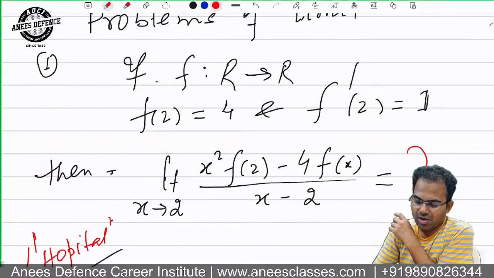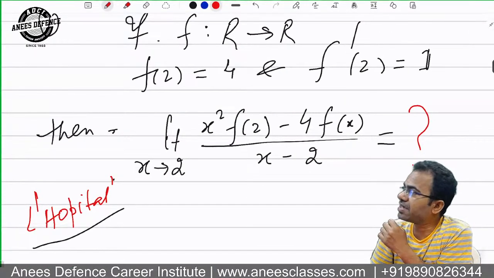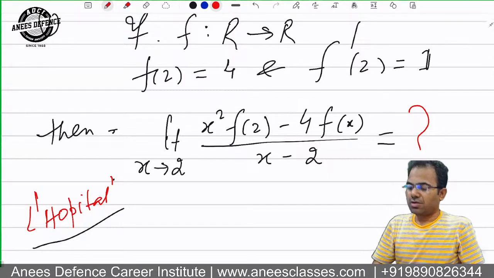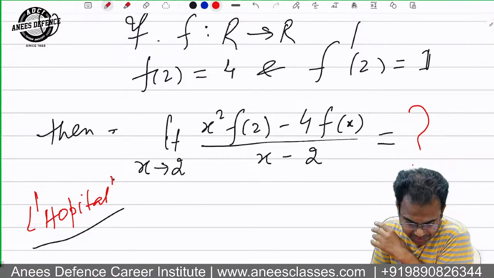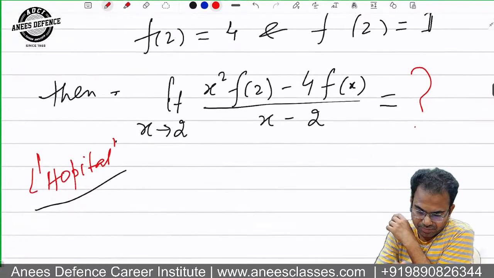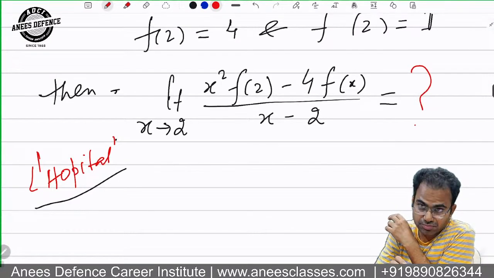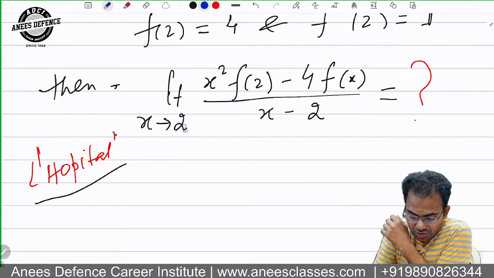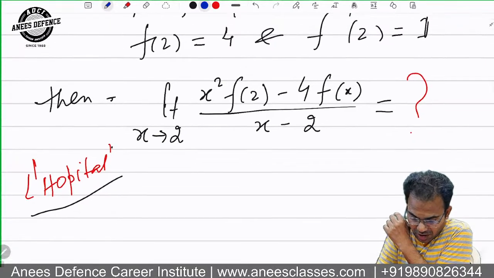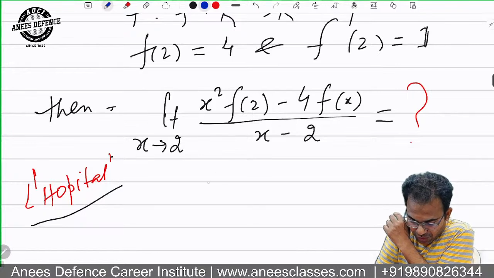Okay, I am going to revise the topic. But first of all, I will solve these questions. If I put x tends to 2, 2 in the numerator, 2 in the denominator, it will be 0 by 0. How? 2 square, that means 4.